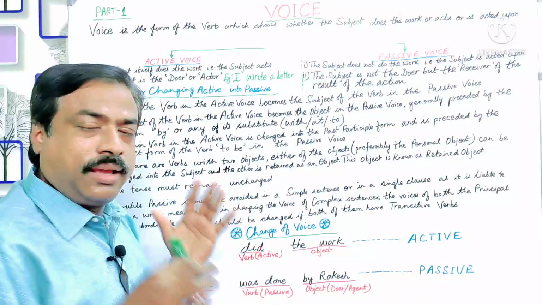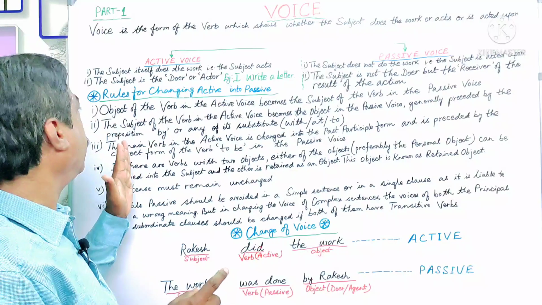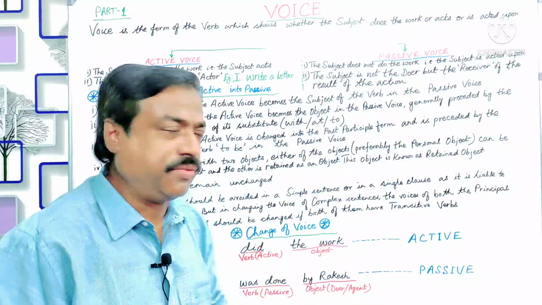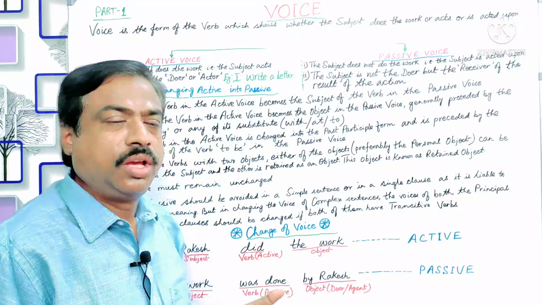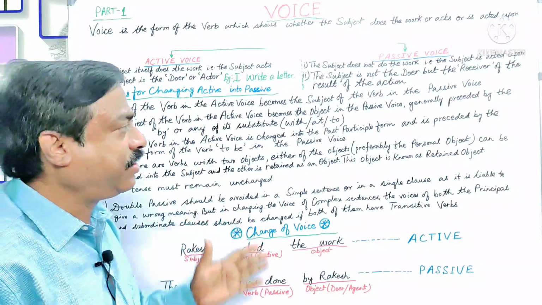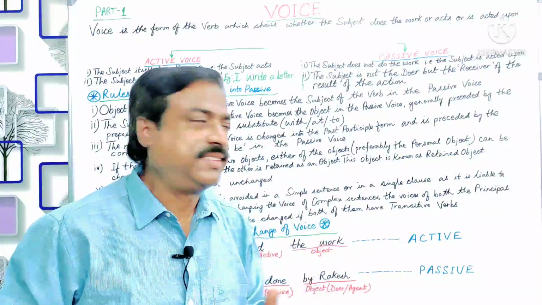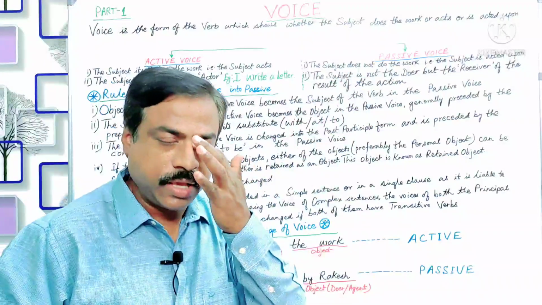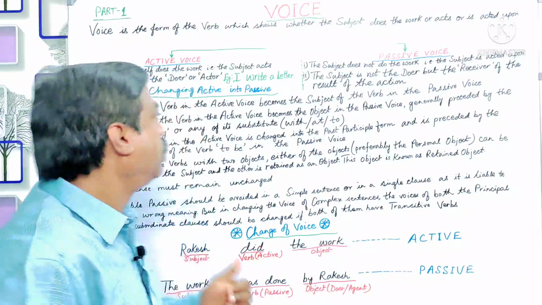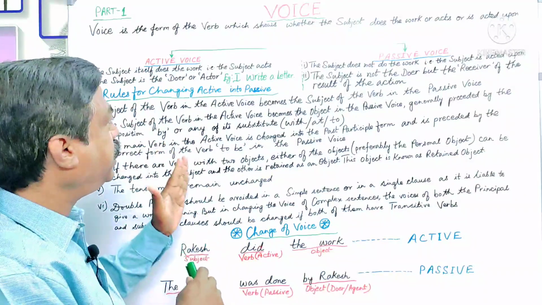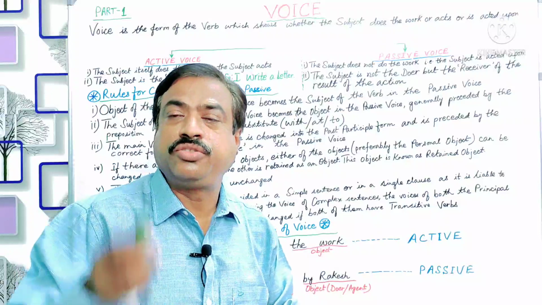Now there are some rules for changing active into passive, because sometimes the sentences are written in the active voice, but in most cases we use the passive voice. So you have to learn how to change from active into passive, because this is very important.